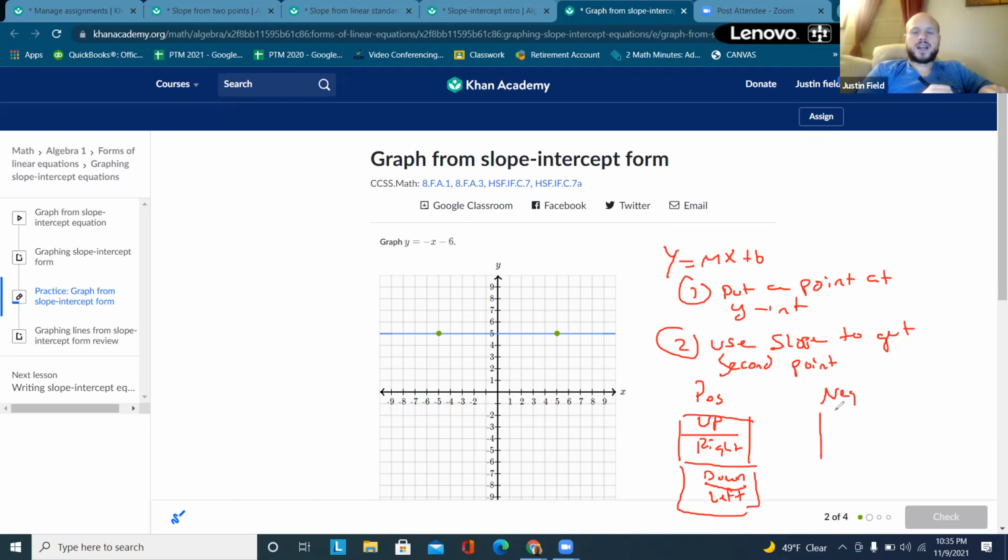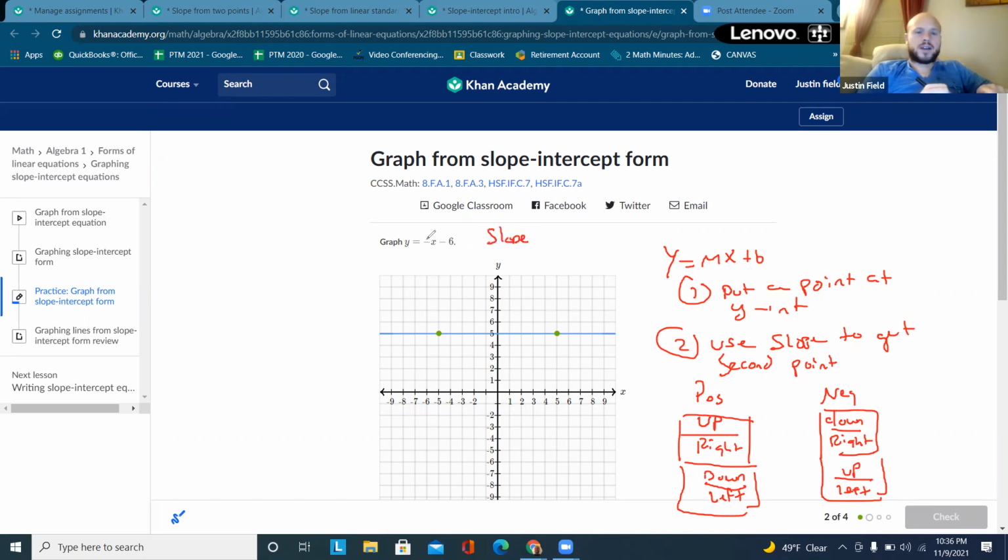If the slope is negative, then we would go down and right, or we would go up and left. So I'm going to do two examples here. Okay, so the slope is -1.